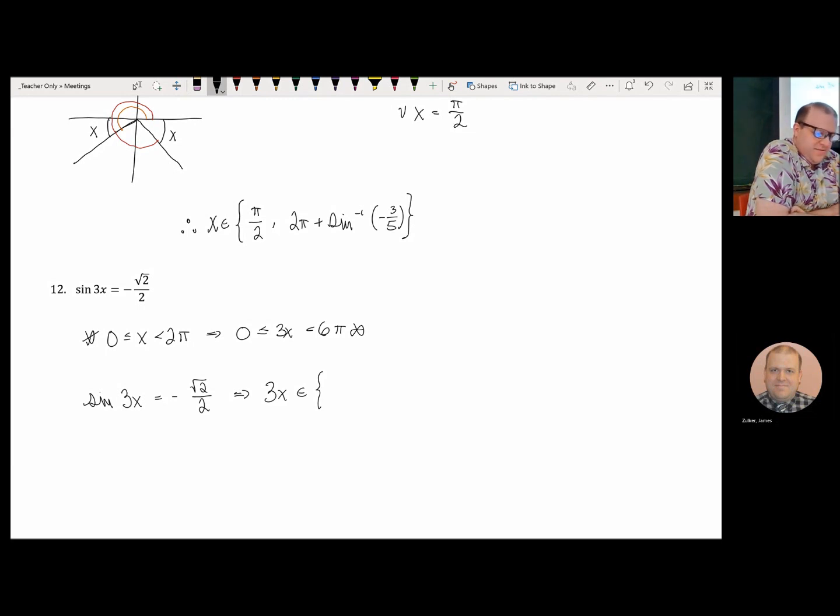Pi over 3? No. 3 pi over 2? No, damn it. 5 pi over 4 and 7 pi over 4. But that's only between 0 and 2 pi. Add 2 pi to both of them.